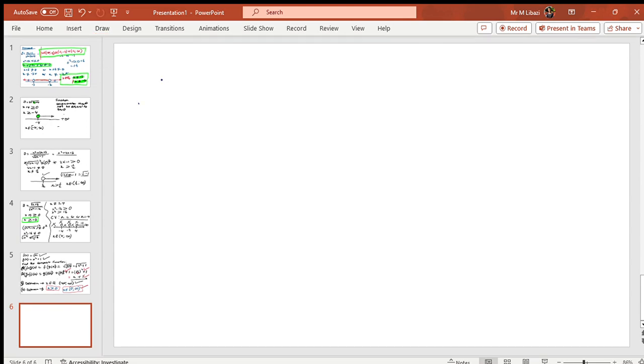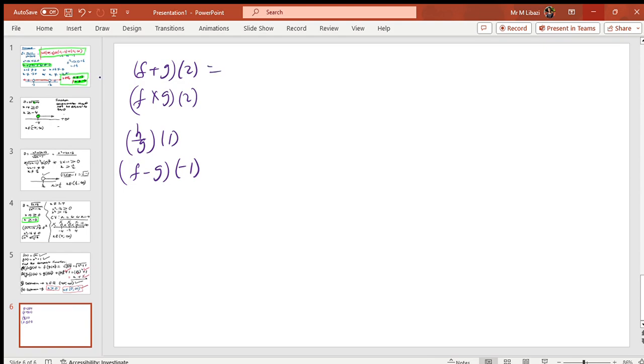Let's say you are given f plus g of 2, and then f multiplied by g of 2, and then h over g of 1, and then f minus g of negative 1.